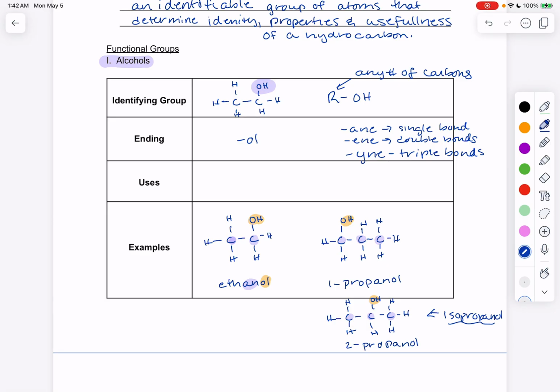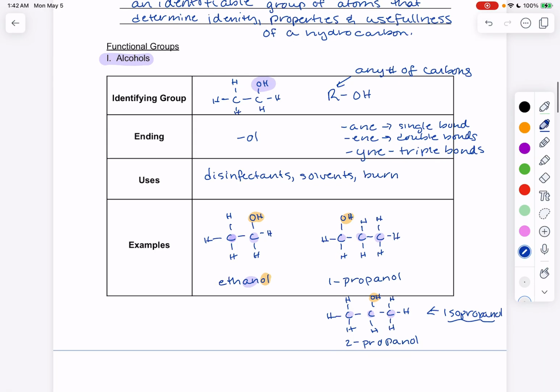Okay, so what are some uses of alcohols? Well, we can use them as disinfectants. We can use them as solvents. And we can use them to burn things. All right, so pretty easy naming.